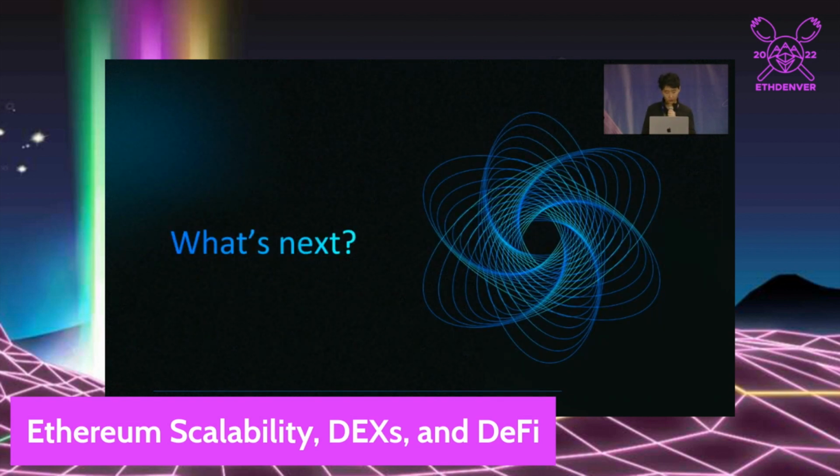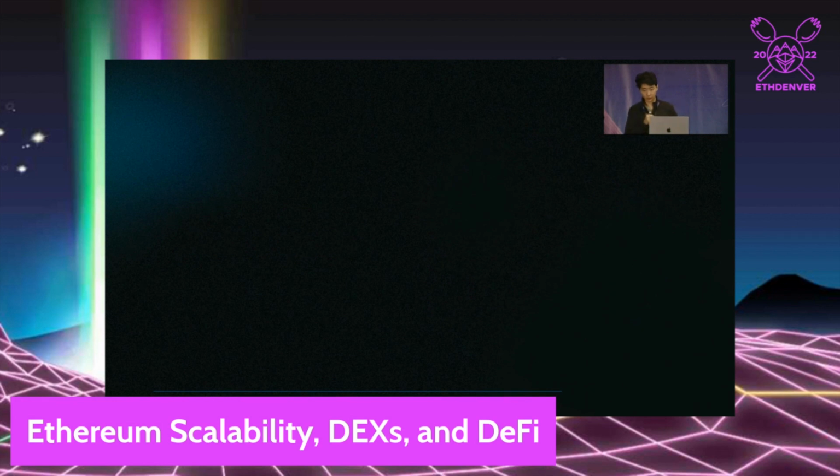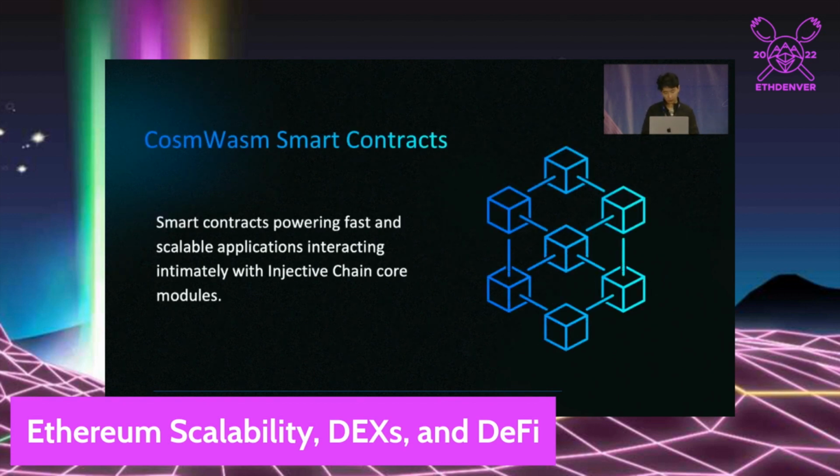Yeah, so there's obviously a lot more exciting development for the Injective ecosystem because Injective is still a very, very new community. One of the most exciting things that Injective is working on is the Cosmos smart contracts. The reason why EVM comes a little bit later, I'll get to that a little bit later.